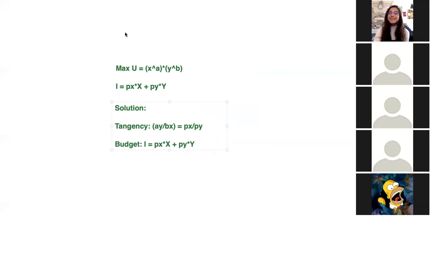So the one that I want to talk about is this one, the tangency condition.